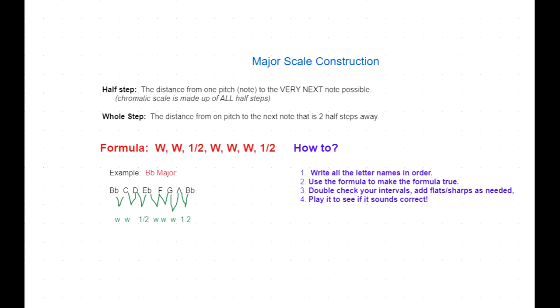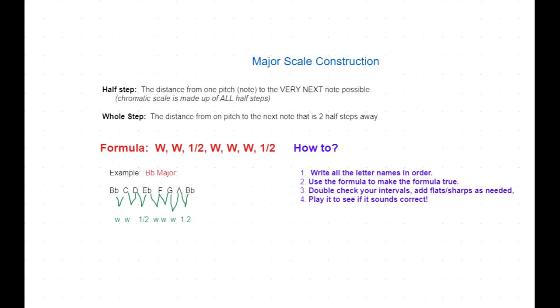From D to E, without the flat there, is a whole step, which is a problem because we only need a half step. So I'm going to add a flat to that E, making it E flat. I can't use D sharp because, first of all, you don't normally have flats and sharps in the same key, and second of all, we need to use every letter name, so I can't have two D's in a row.